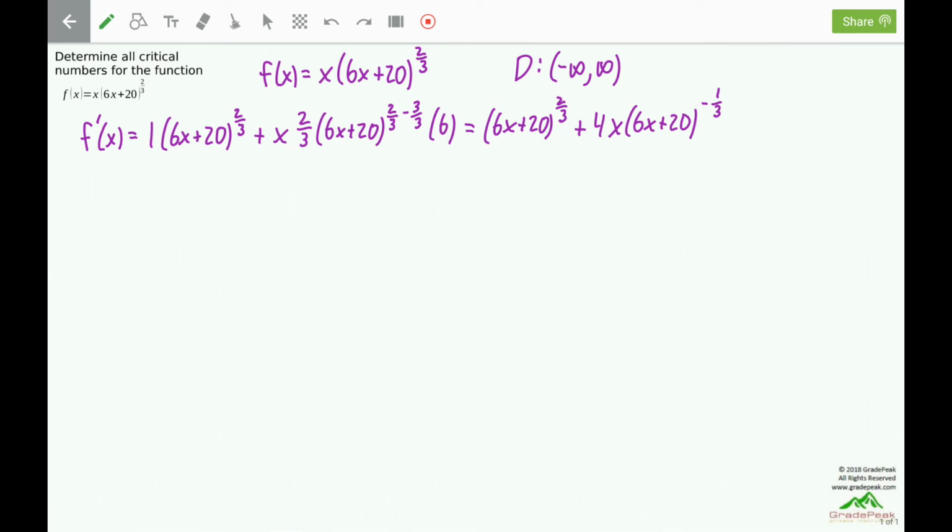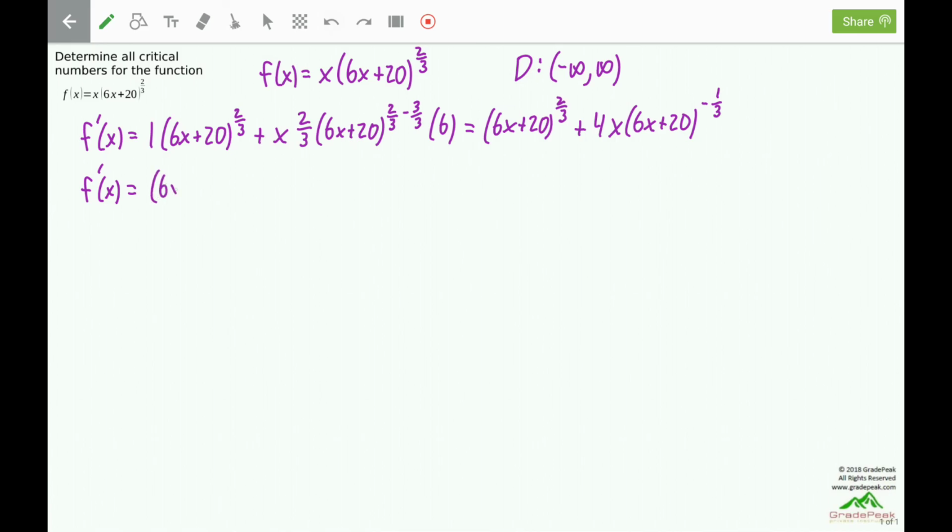Each of the terms has a power of 6x plus 20, so we can factor a 6x plus 20 out to the lower power of the two. We have a positive 2/3 power, and we have a negative 1/3 power. The lower is the negative 1/3 power.